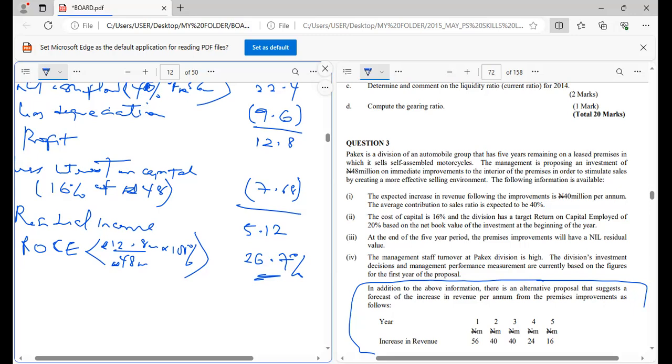All right, so that's that on performance measurement. I'll stop here for today. In our next class, we'll dive into relevant cost. Relevant cost is a key topic in performance management because most of the time, your question 1 does come from there.